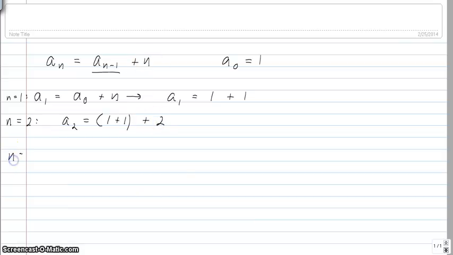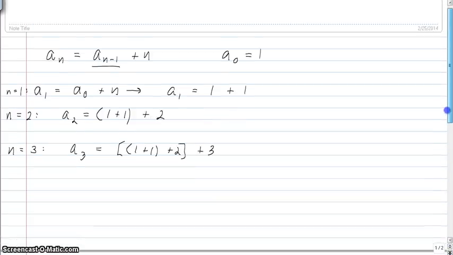And then I can go to the case where n is 3. So a3 would be the previous value, which I'm not going to simplify. I'm just going to leave it as 1 plus 1 plus 2, and then plus n, which is 3. And maybe I'll do one more.